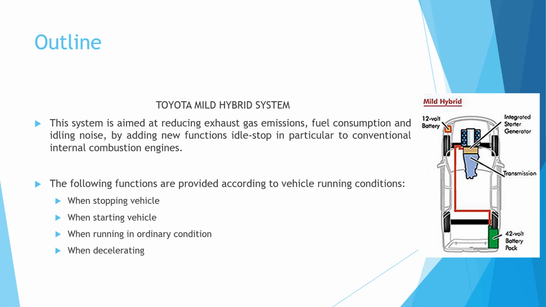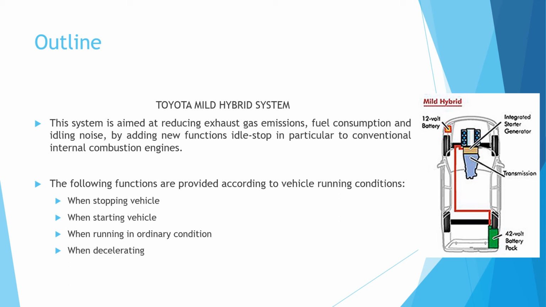Now coming to the outline of this hybrid system. Here is the picture of the 42 volt mild hybrid system. Here we can see a 42 volt battery pack is used for the mild hybrid section.